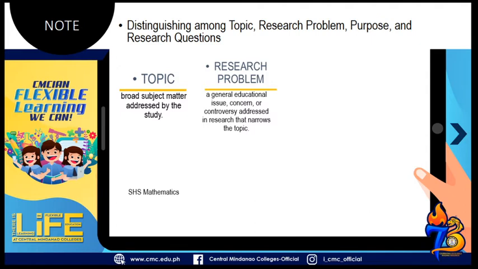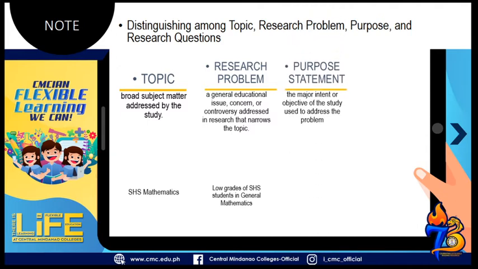No? So, very easy to understand. Now, for example, low grades of senior high school students in general mathematics. So, general mathematics is the topic, and the problem is the low grades of the senior high school students. So, that should be the research problem.